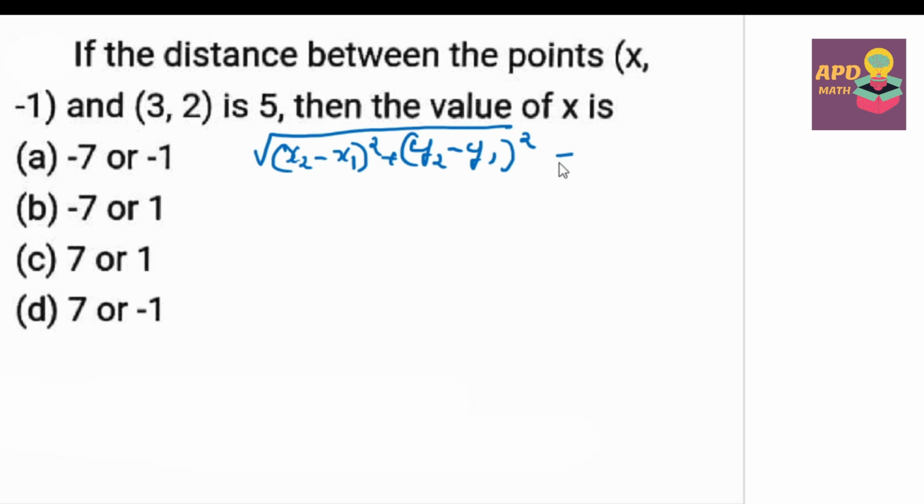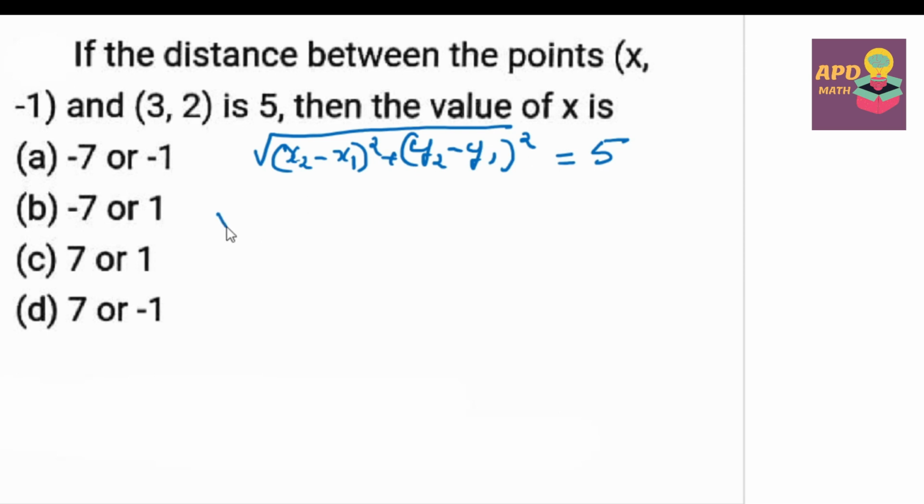The distance is 5. We are given that the distance between the points (x, -1) and (3, 2) is 5. Next, we have to substitute all the values in this formula.